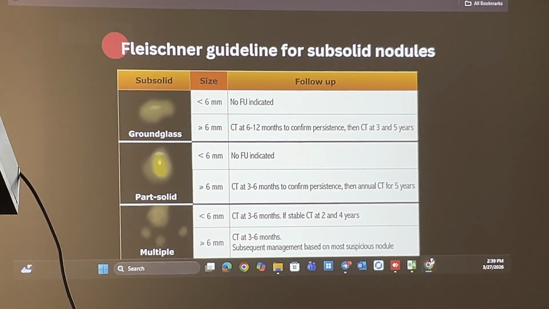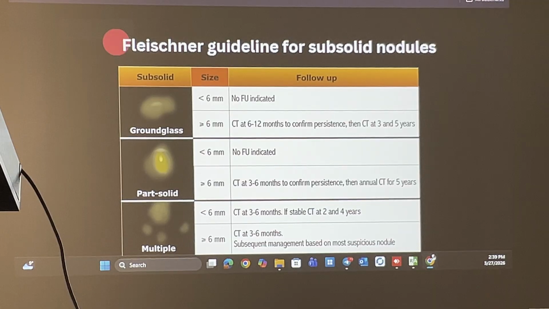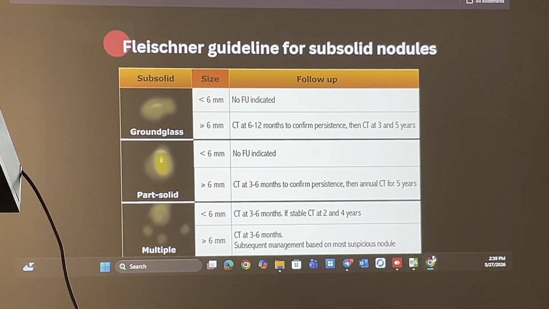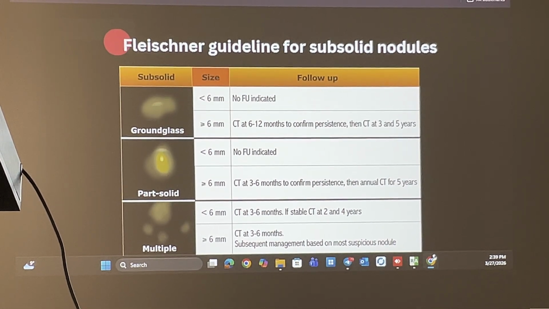Whenever you come across a lesion on X-ray or CT scans, look up the Fleischner guidelines to decide the follow-up of the patient, whether the patient needs a follow-up CT scan or not.